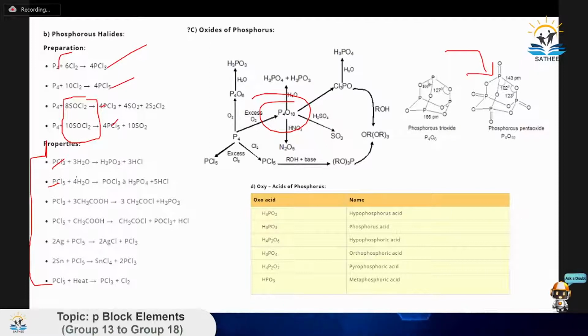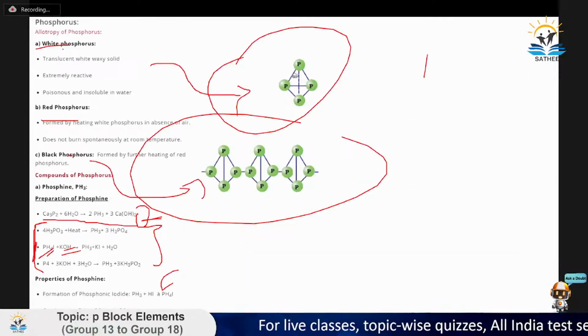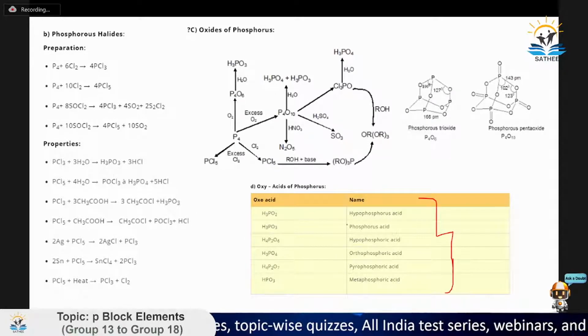You can see various forms: you take the oxide, react it with HNO3, you get N2O5, or you take the oxide, react it with H2SO4, you get SO3. So this is a very complete box diagram. Again, they don't ask this, but they definitely ask what is white, red, and black phosphorus, and the structure differences between them.